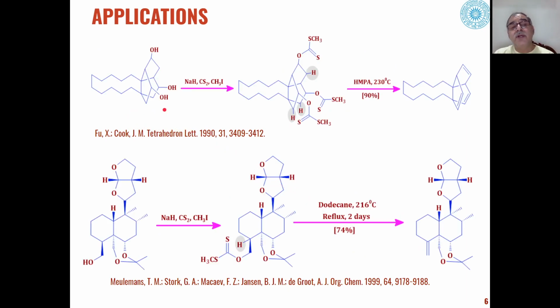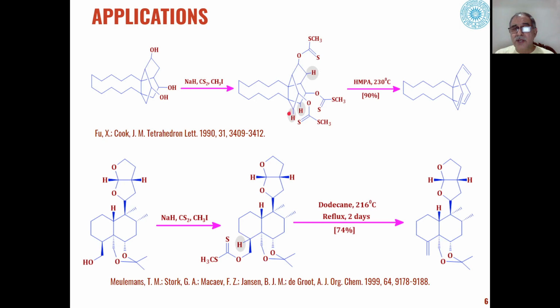Then a few more important examples. For example, these types of polyhydroxy systems, when they are reacted with sodium hydride in carbon disulfide and methyl iodide, the corresponding xanthate esters of these alcohols can be formed. So then these xanthate esters, you can see in each case, for example, if this is the xanthate ester, this is alpha carbon, this is beta carbon.